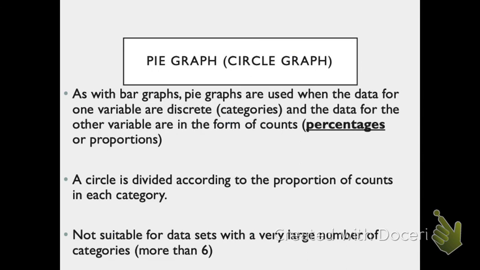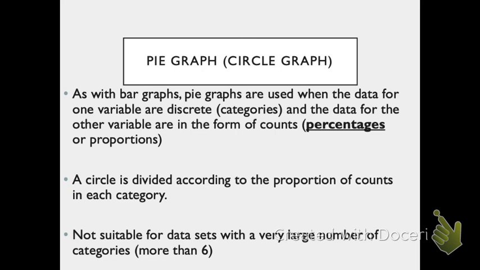All right, last type we're going to talk about is pie graphs or pie charts or circle charts. There's lots of different variations of what we call this. But these pie charts are broken down into percentages. Okay, they're used when the data or categories are in the forms of percentages. You can always calculate those percentages to put them in.